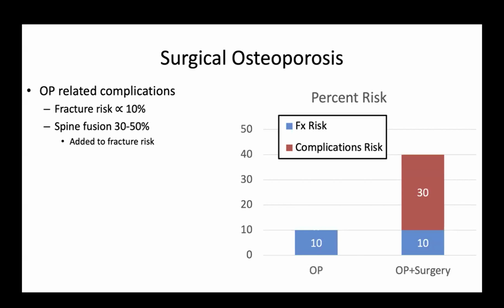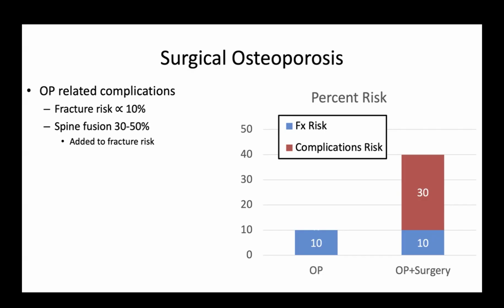And this slide is just to show what the difference is. If you take a 65-year-old female with osteoporosis, let's say her risk of a fracture within 2 years is 10%. I don't know if that number is correct, but it's probably close. But if you do a spine fusion on that same patient, that same age, her risk of fracture is still the same.